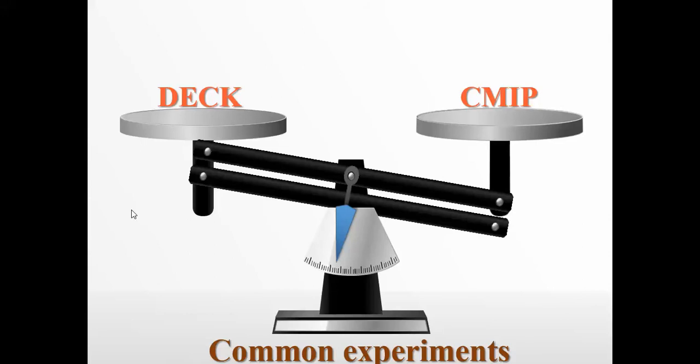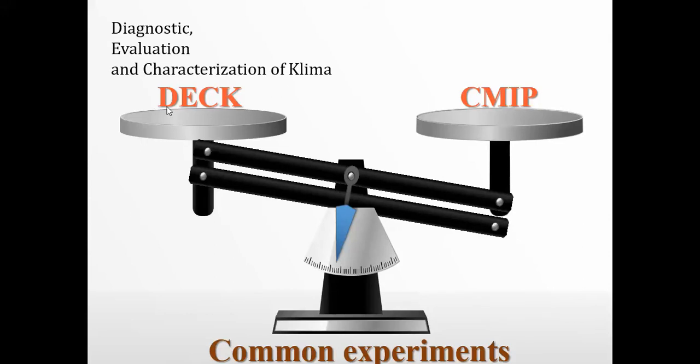About DECK, DECK is diagnostic, evaluation, and characterization of climate. And also CMIP is called coupled model intercomparison project. Both of them are trying to make a better projection for common experiments under different scenarios.